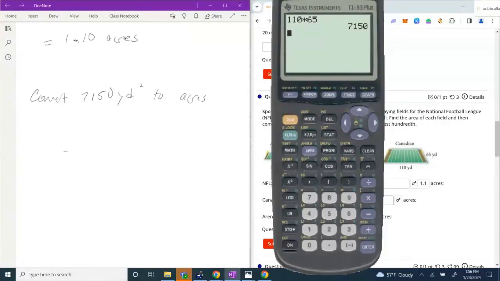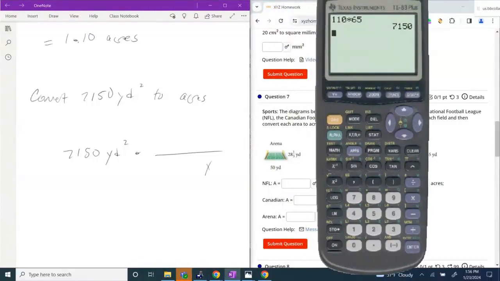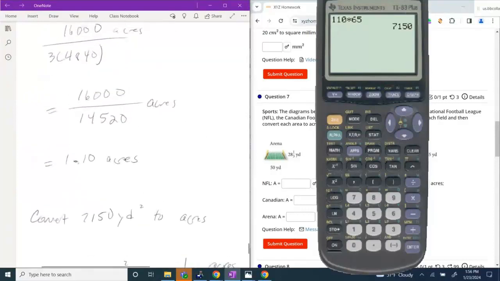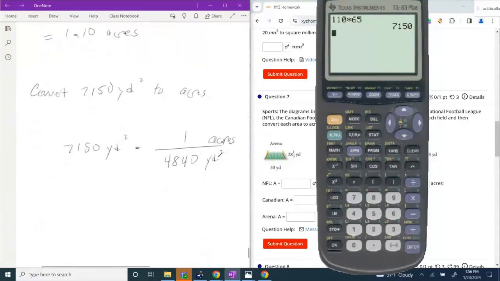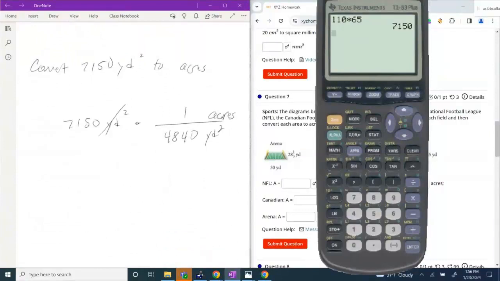We're going to use that same conversion. 7,150 square yards. For my unit fraction, I'm going to put square yards in the denominator, acres in the numerator. And our conversion says that 1 acre is 4,840 square yards. So now if we multiply, the square yards are going to cancel.